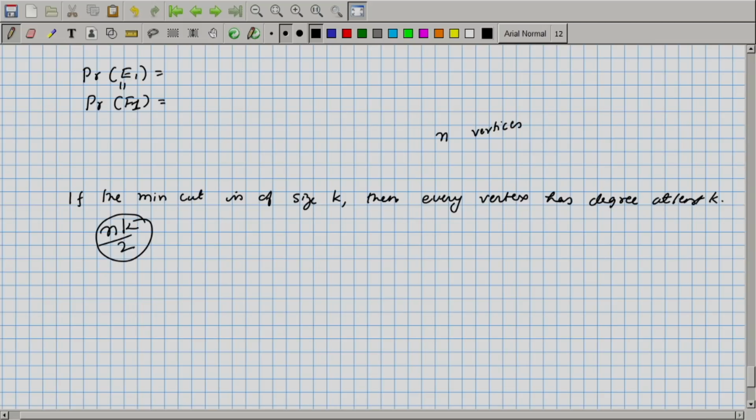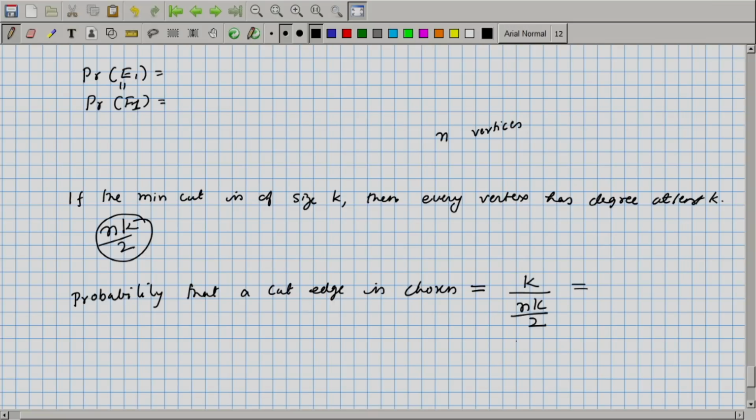So, the probability that a cut edge is chosen is equal to k by nk by 2.